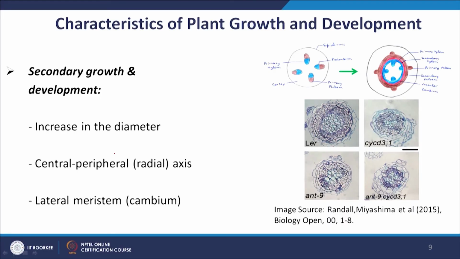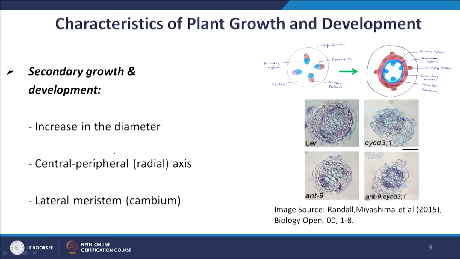Normally there is a pattern. If you recall the previous part of this lecture, what we have seen during the process of embryogenesis is that apart from the root apical meristem and shoot apical meristem, there is another meristem which is specified, called the procambium, which is basically a lateral meristem, or you can say a radial meristem.